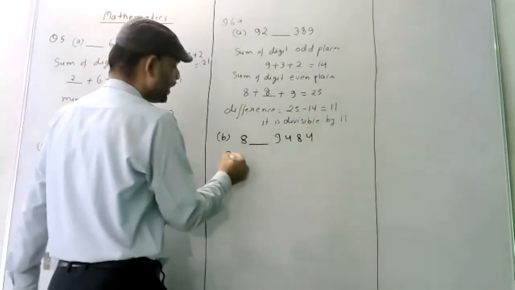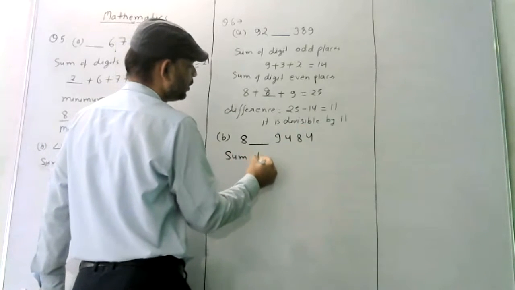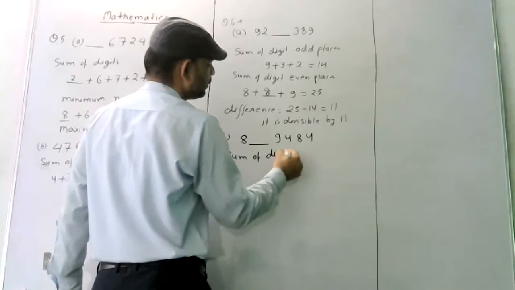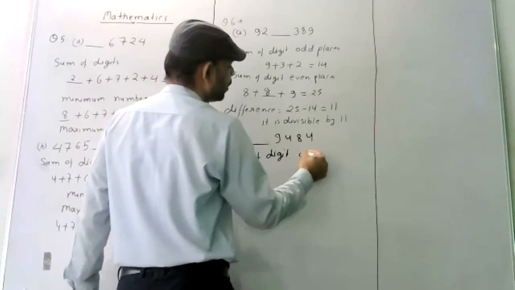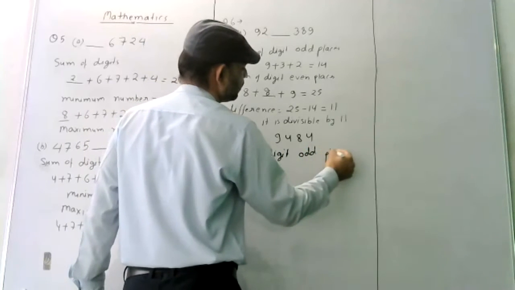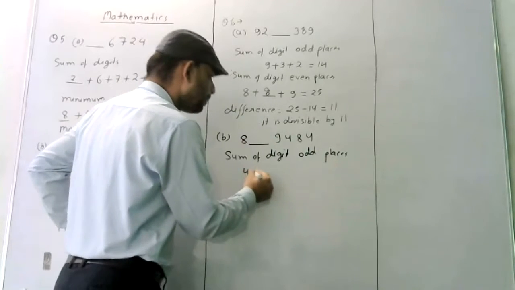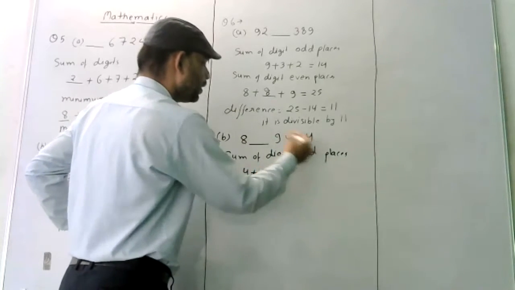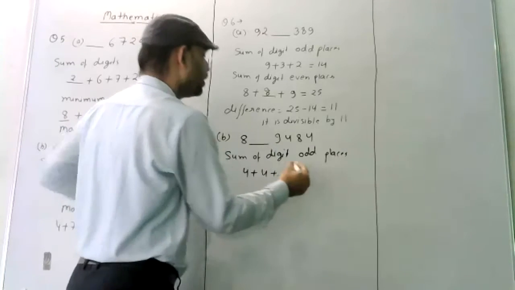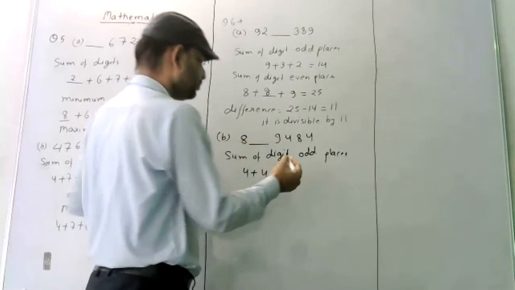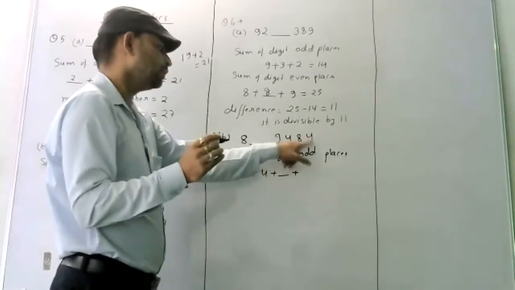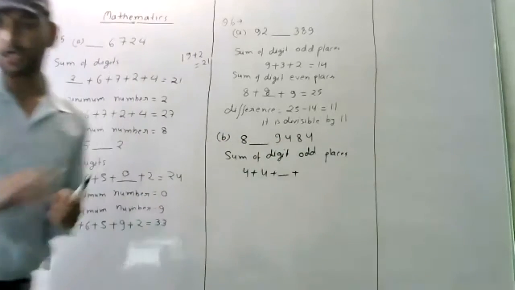The sum of the digits at odd places: here 4 plus 4 plus blank, that is the 1st, 2nd and 3rd, 3 odd places.